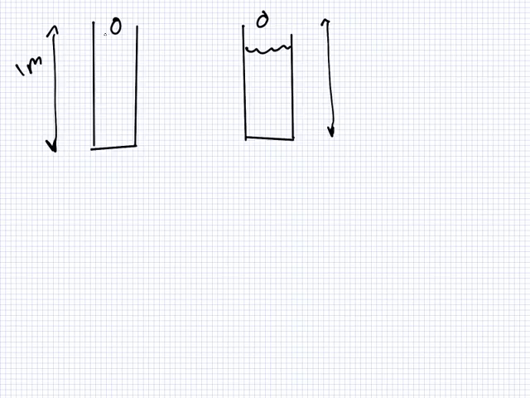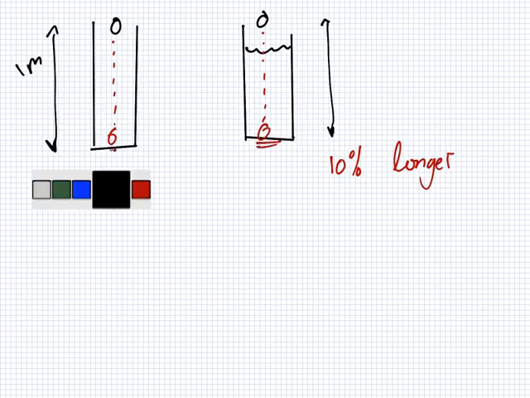This falls and of course hits the bottom, and this one falls and hits the bottom, but this one takes 10% longer to hit the ground than this one. It takes 10% longer. So the first thing I want to do is work out the time.